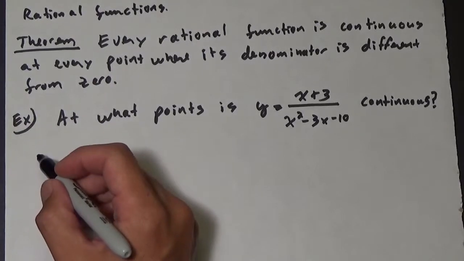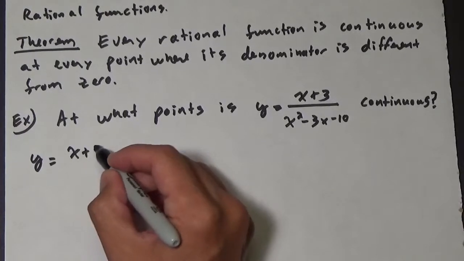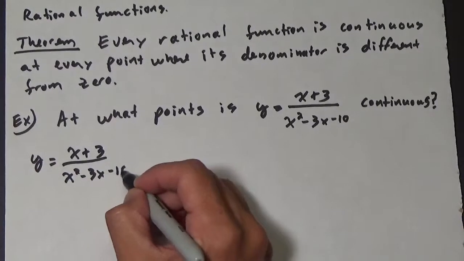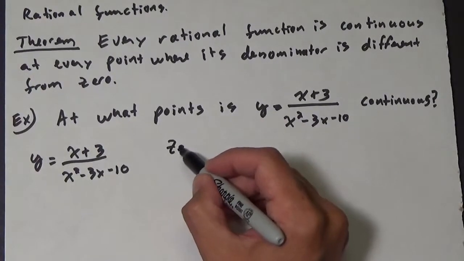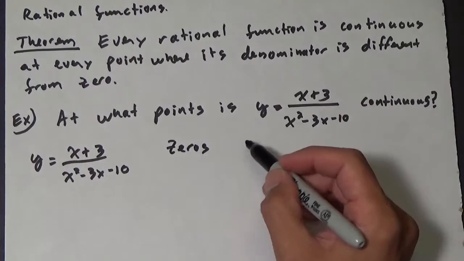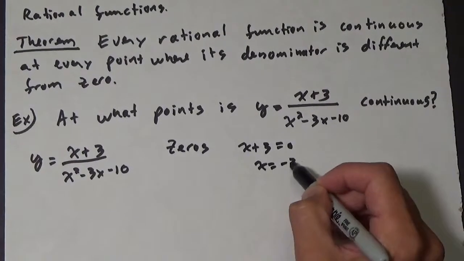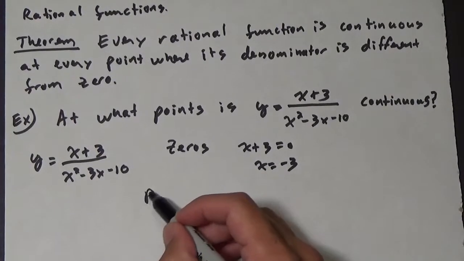So we have our function y equals x plus 3 all over x squared minus 3x minus 10. Let's go ahead and get our zeros. That was x plus 3 equals 0, so x equals negative 3, easy enough. Then we need our poles.